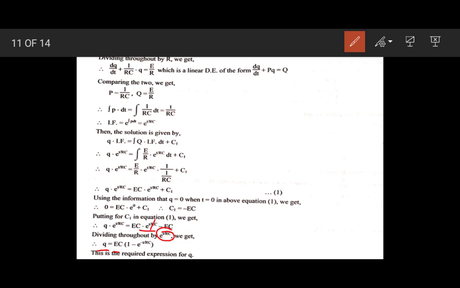So this will be cancelled out, so only EC, and here it will be minus EC into e raised to minus t upon RC, because 1 upon e raised to t upon RC will be equal to e raised to minus t upon RC. Okay, then I will take EC common, so it will be 1 minus e raised to minus t upon RC, which is the required expression for Q.